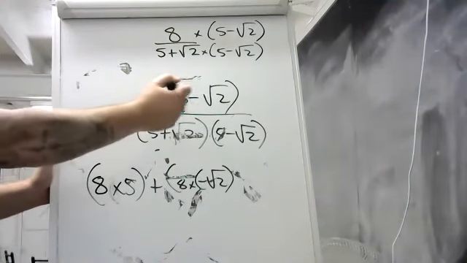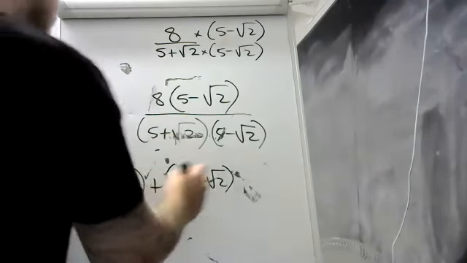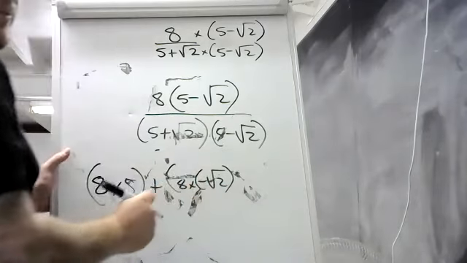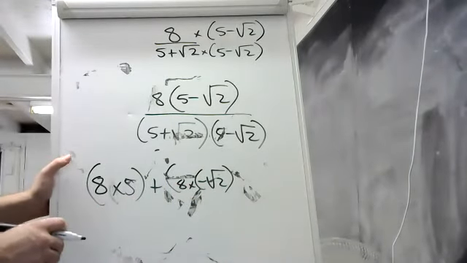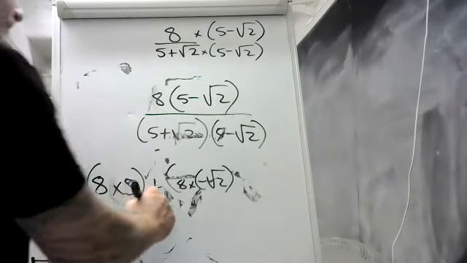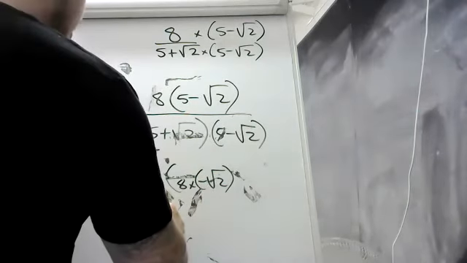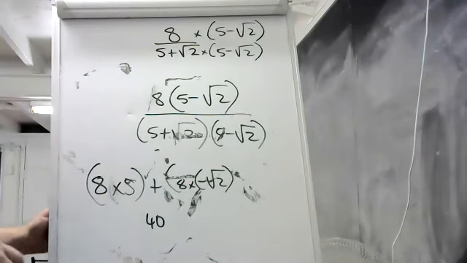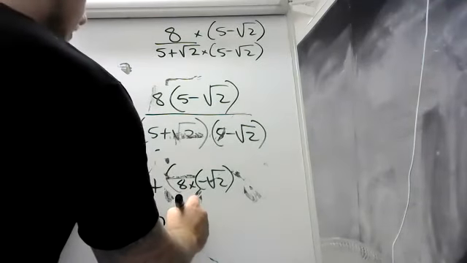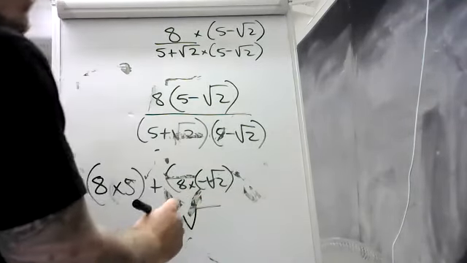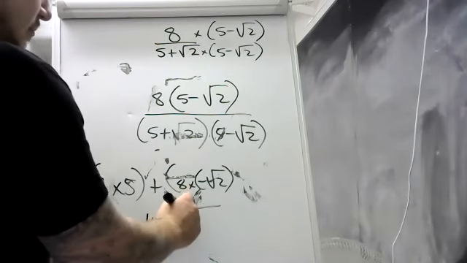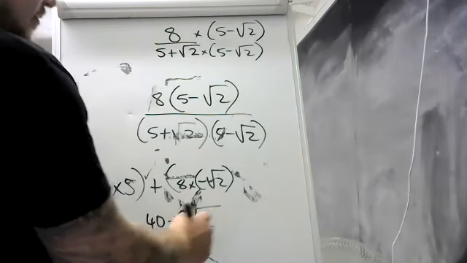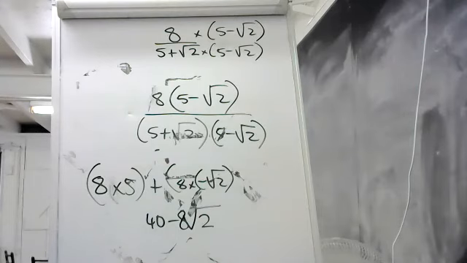This is on the top here. So that would give us 40. Now at the top we would have 40 minus 8 times square root of 2.